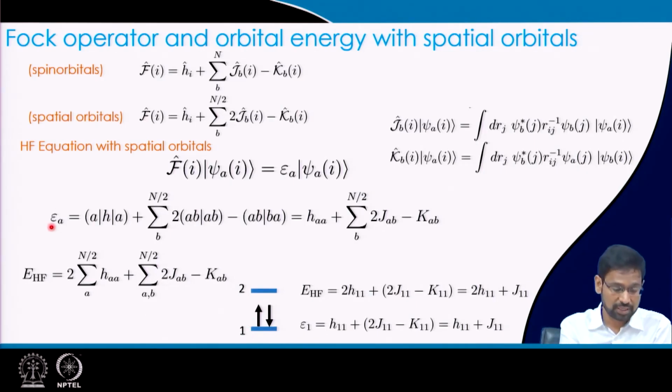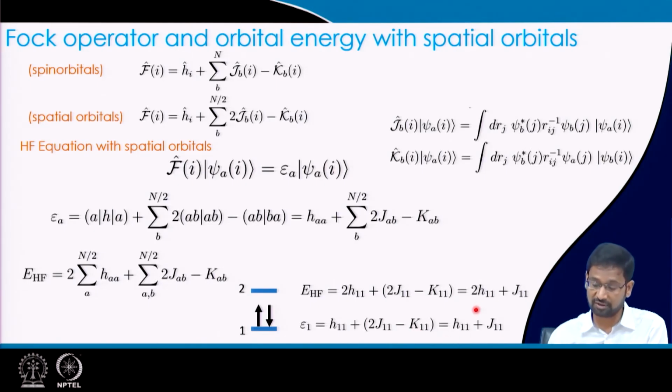The orbital energy expression is written down here. The first term is HAA, so I am considering one electron now, H11. Then the second term is 2J11 minus K11, because in both cases A and B are 1. I have already seen J11 is equal to K11. So that gives me H11 plus J11.